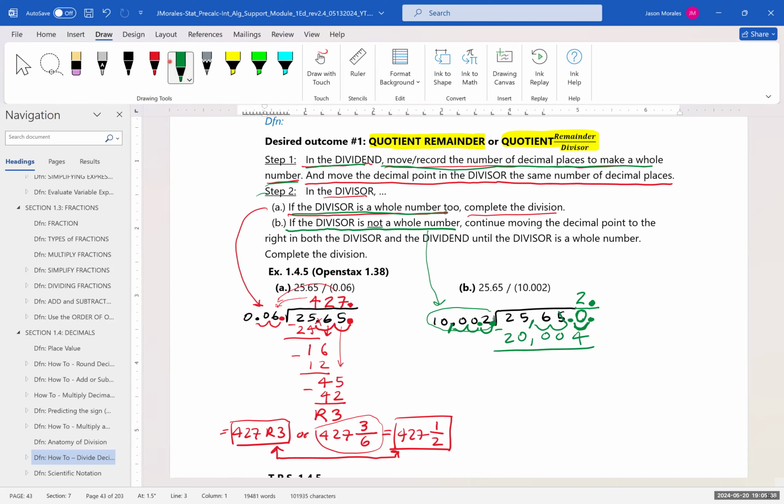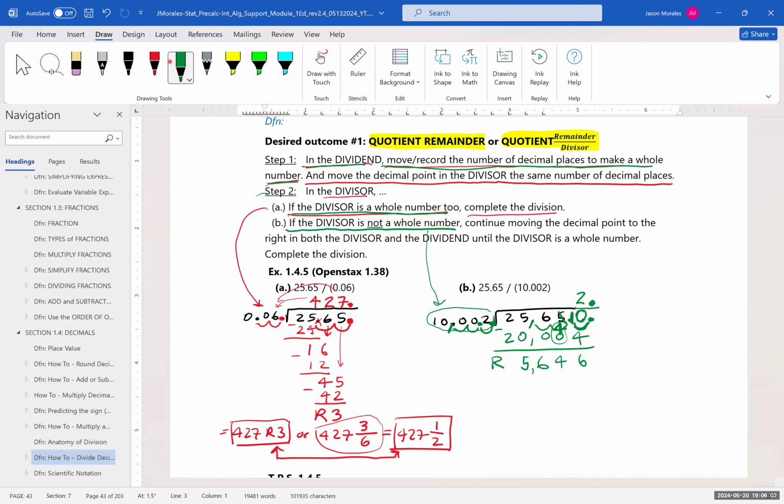So we'll subtract those. We have to borrow from this 5. We have to borrow 1 from that 5. That gives us a 4. And that will make this place a 10. And 10 minus 4 is 6. 4 minus 0 is 4. 6 minus 0 is 6. And 5 minus 0 is 5. So that's our remainder.